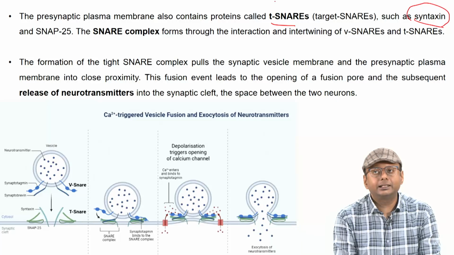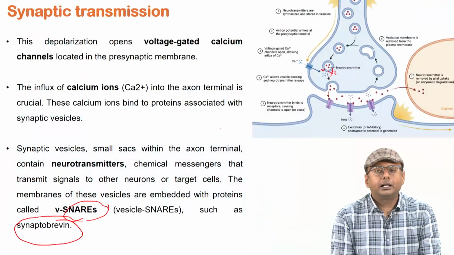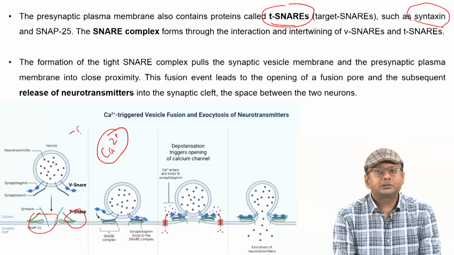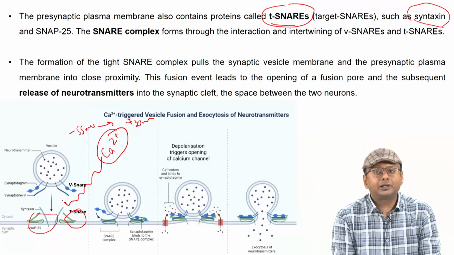So what we just said: in the case of the vesicles we see proteins called V snare protein or synaptobrevin, and on the membrane we see proteins called T snare protein or syntaxin. And whenever the calcium ion channels open, whenever the membrane potential goes from minus 55 to plus 30 millivolt, calcium ions come in, causing the bridging between these two proteins, V snare and T snare.